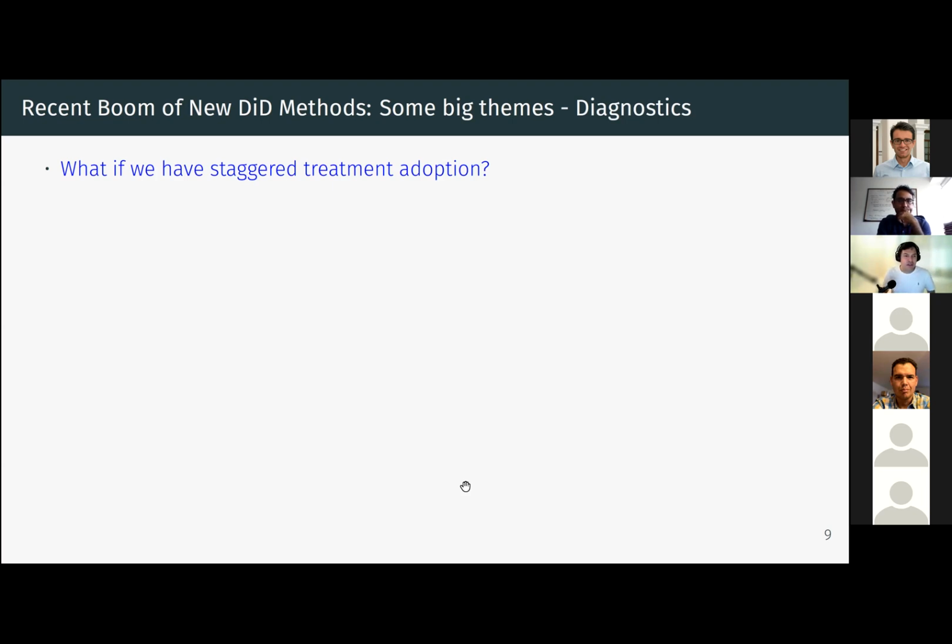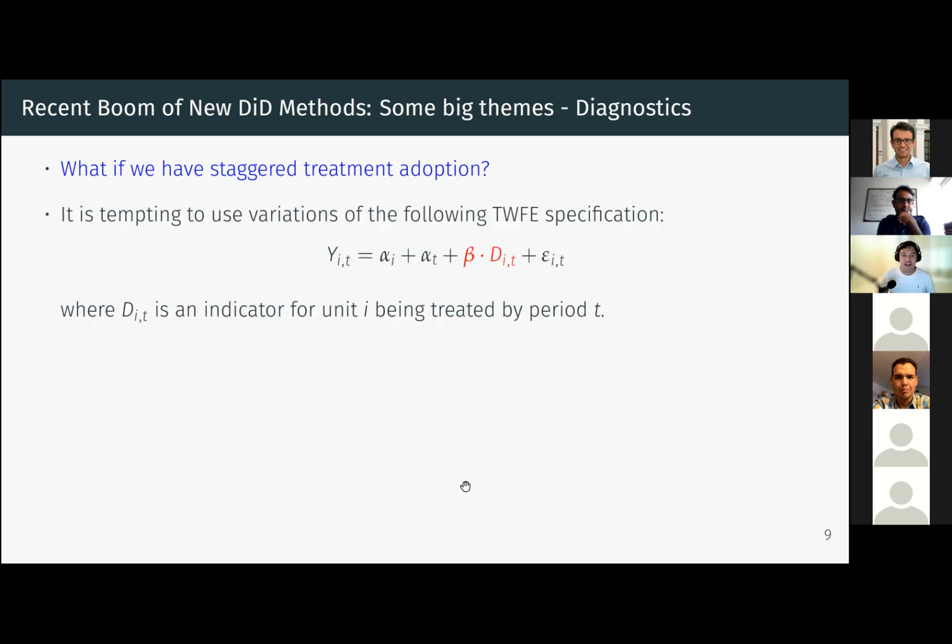Instead of the 2x2 case, I'm now going to have multiple time periods, and I'm going to allow people to be treated at different points in time. When I have this variation in treatment timing and multiple time periods, it is extremely tempting to extrapolate from the two-way fixed effects regression, because it is very easy to see as a generalization of the canonical regression we talked about a minute ago.